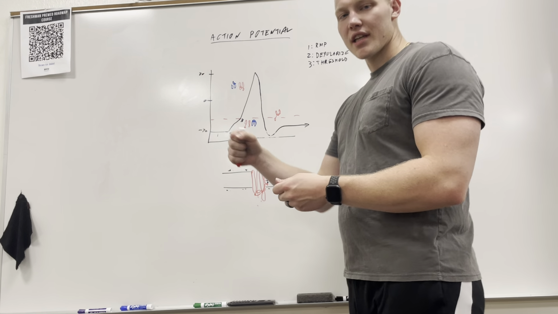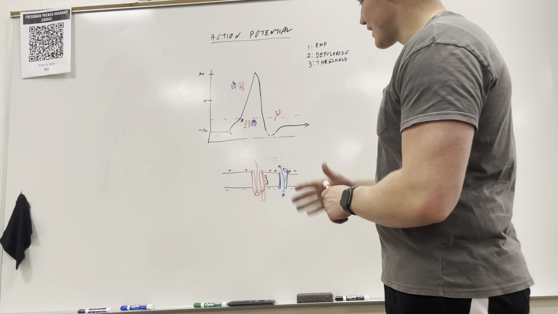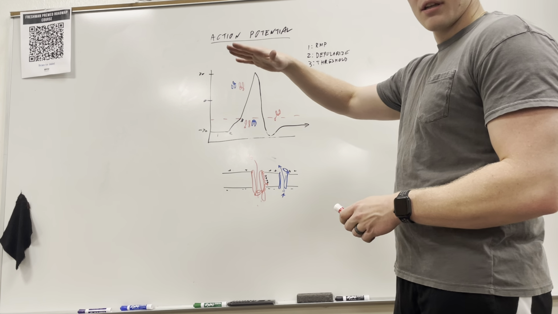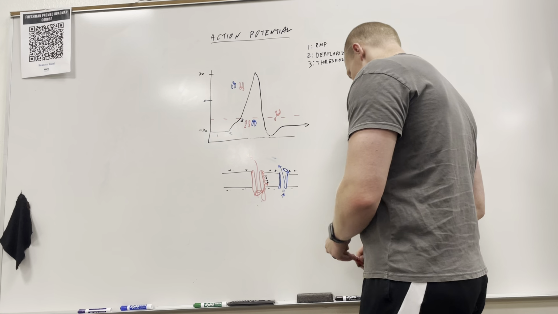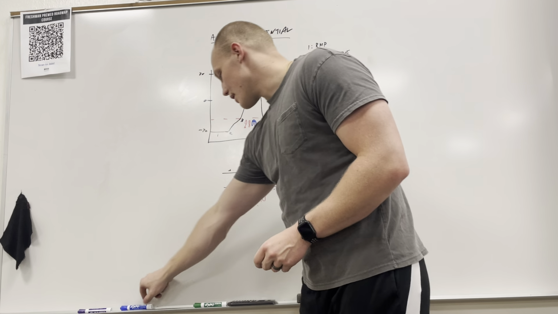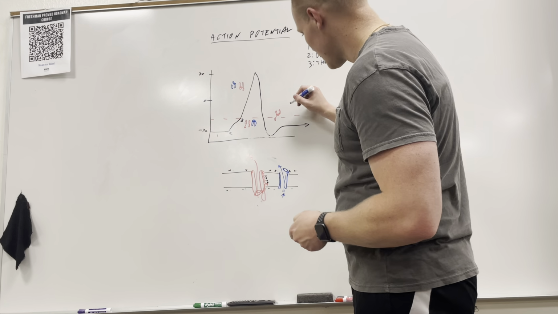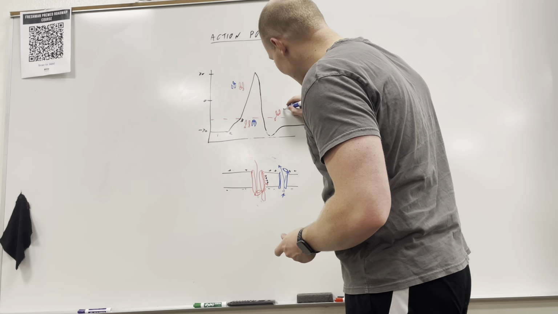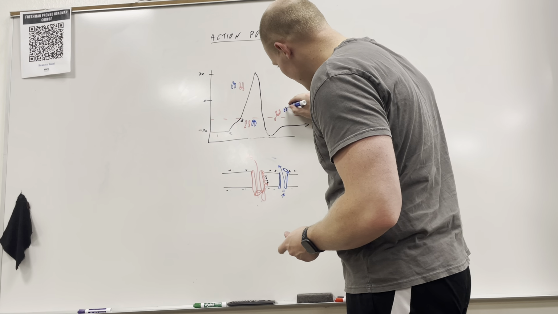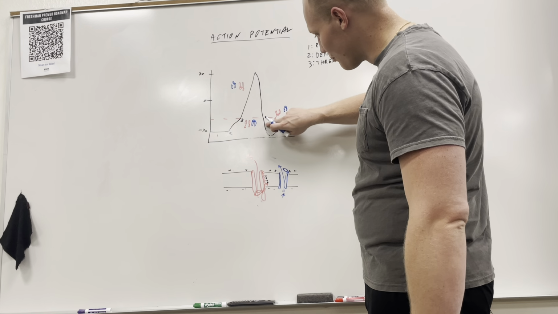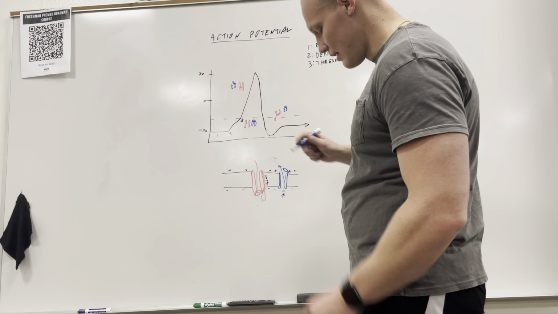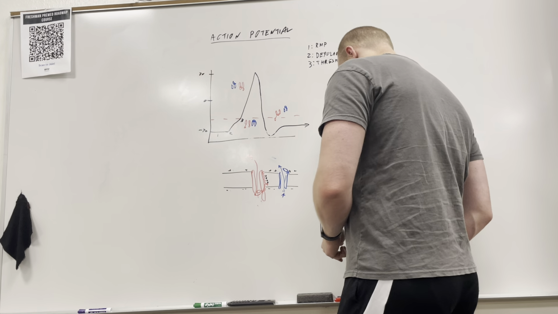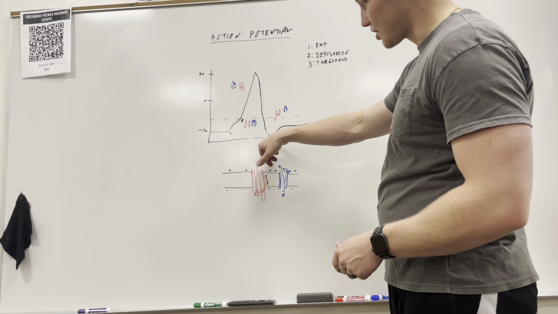That deactivation gate disengages and the activation gate can become fully activated again. And the potassium channels begin to close, but they are slower, so they lag behind a little bit. And they allow more potassium to leave the cell, which is what we call hyperpolarization.